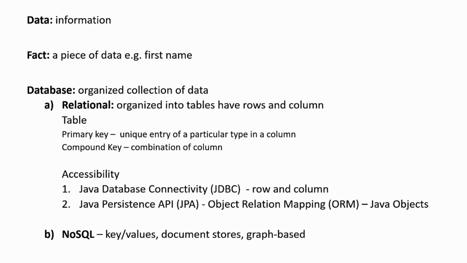There are two main ways to access a relational database from Java. The first one is through Java Database Connectivity, JDBC. You access data as rows and columns, and JDBC is the API covered for the exam, and we will go over it. The second way is through the Java Persistence API, JPA.